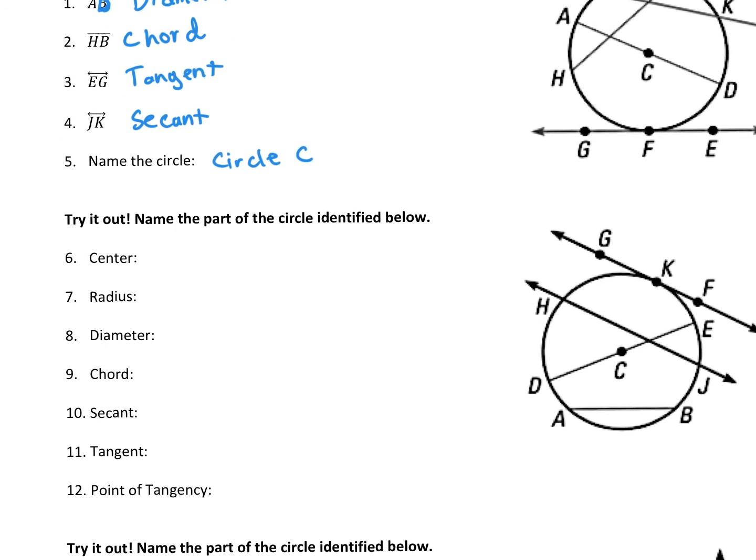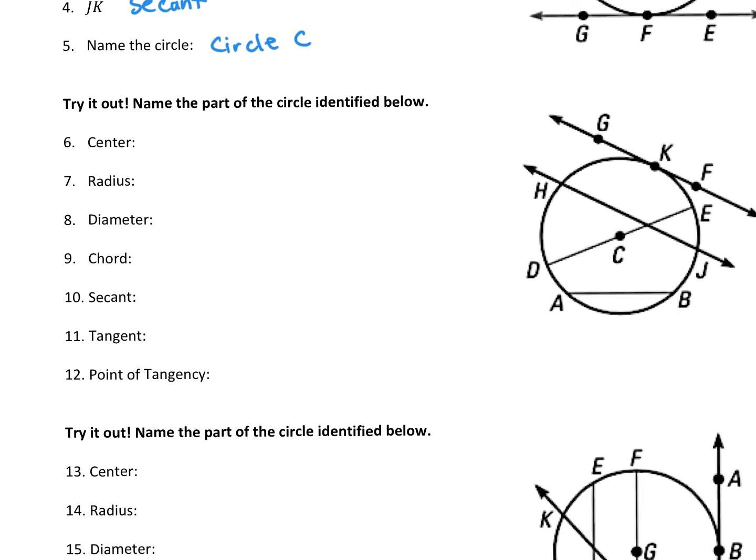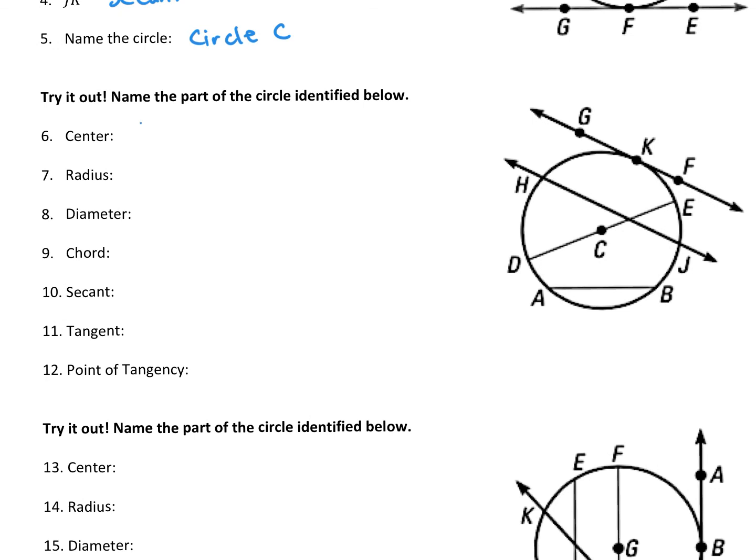Okay. Let's go down. Number 6, the center of this circle, well, that is point C. The radius, we can pick any. There are a couple. We can say DC is a radius. Diameter, going all the way through, is DE. A chord, any segment that hits from one end to the other end of a circle, this is AB.